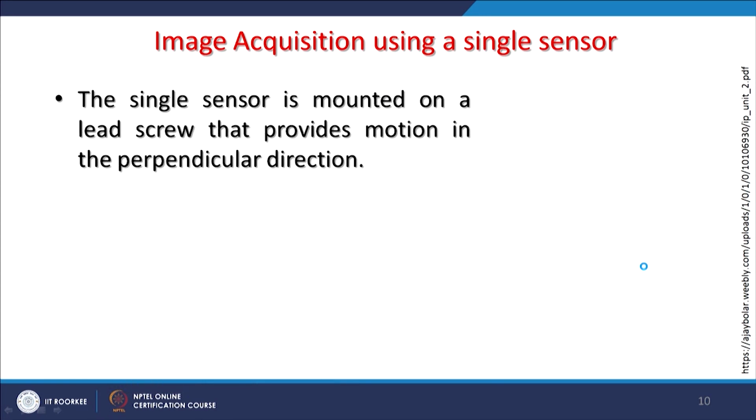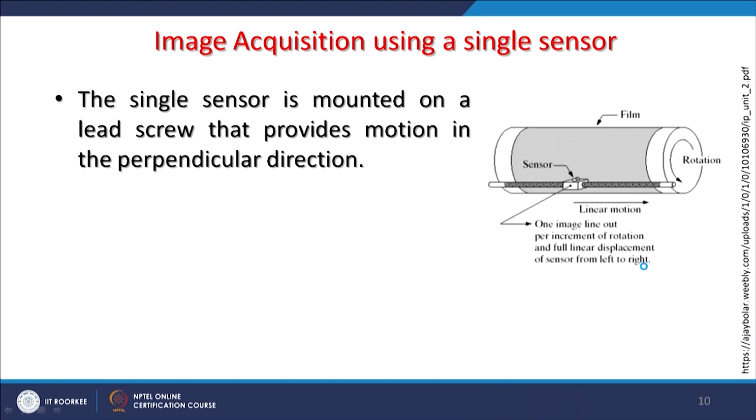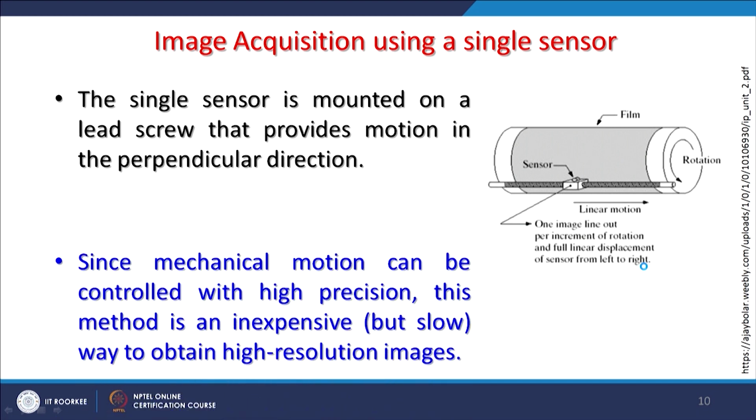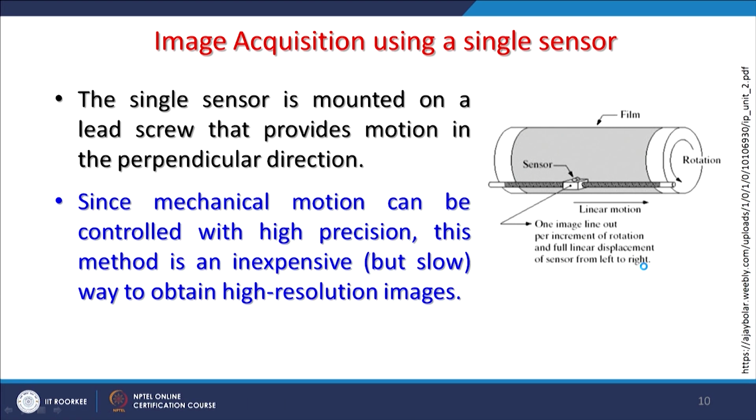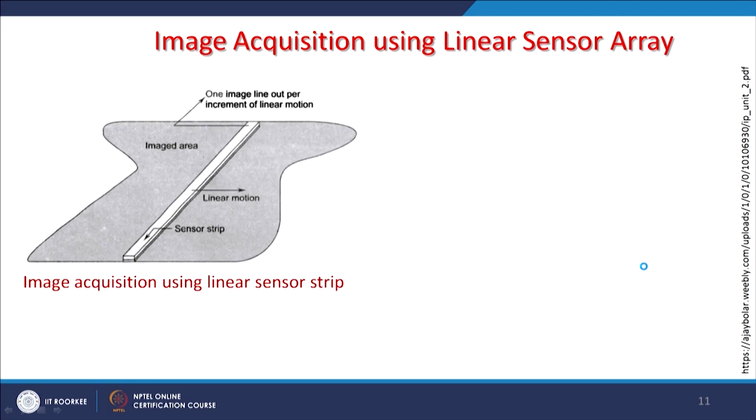And a single sensor is mounted on a lead screw, as shown here on the right side, and provides motion in the perpendicular direction. This is a mechanical thing, and they have their own difficulties, but the trade-off is they are inexpensive and one can acquire high resolution images even using a single sensor. So, low cost devices are possible.